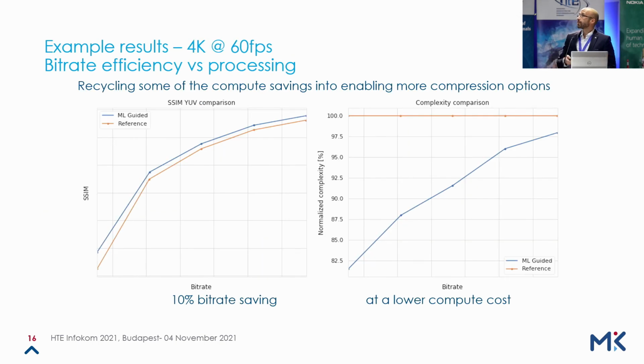So here I have the results for a particular example with a 4K sequence running real time at 60 frames per second, so quite a demanding scenario. And in this particular case, the reference preset will, for example, have to disable the 64 by 64 blocks because they were too costly. Otherwise, you wouldn't be able to achieve real time on that platform.